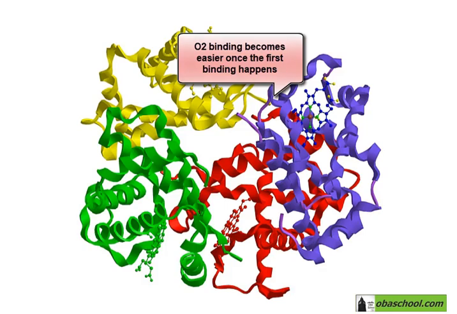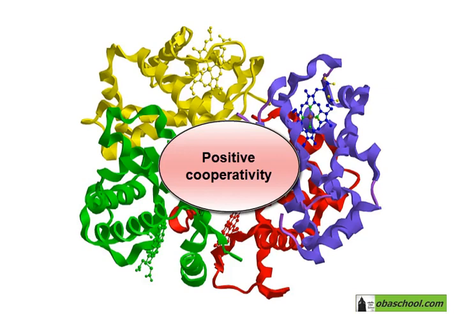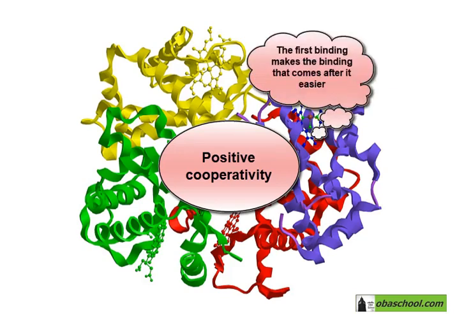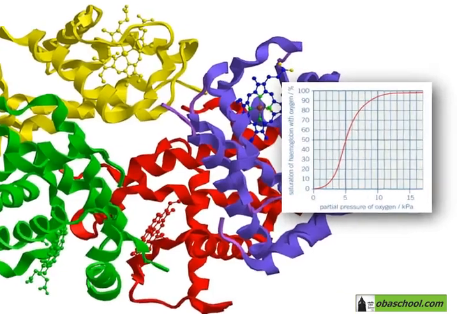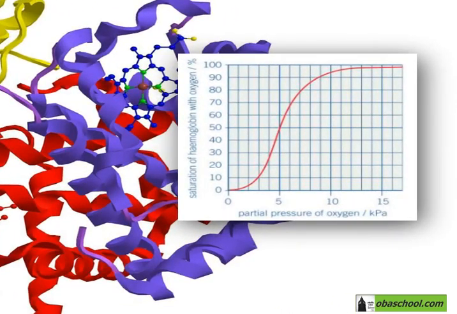This property is called positive cooperativity, which means the binding of the first molecule makes the second binding easier, and so on. And this is why in the curve of oxygen association and dissociation, we have the gradient steepening.